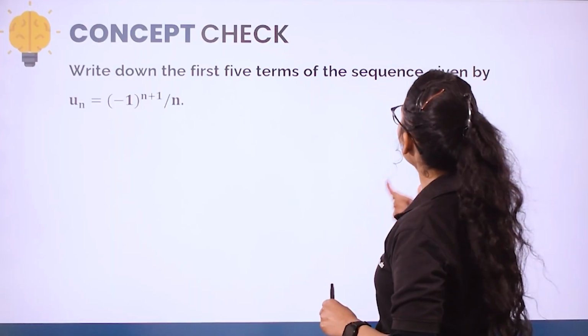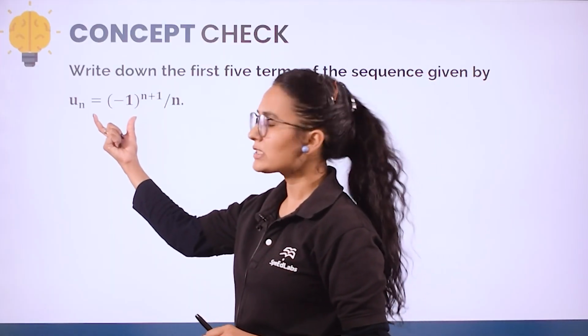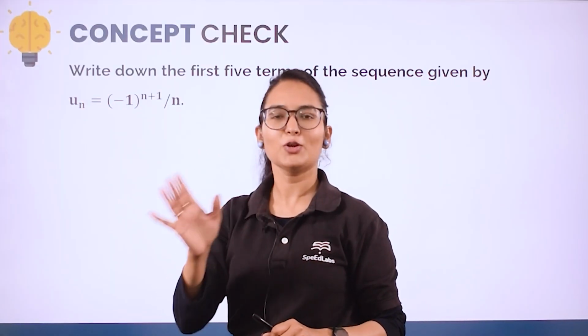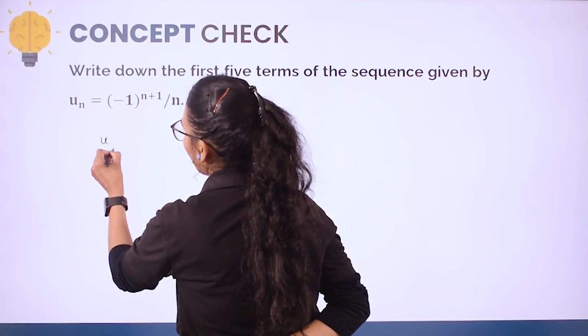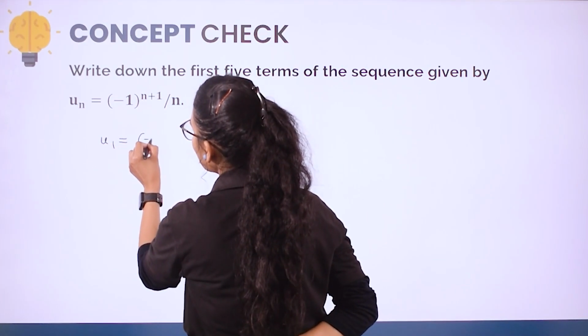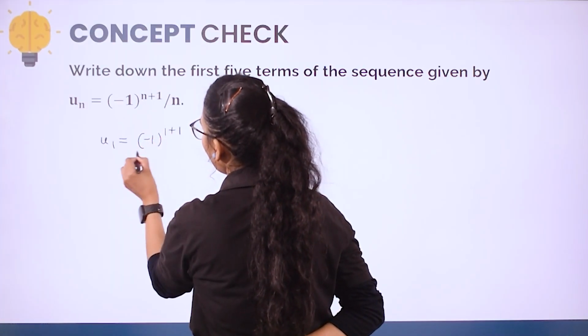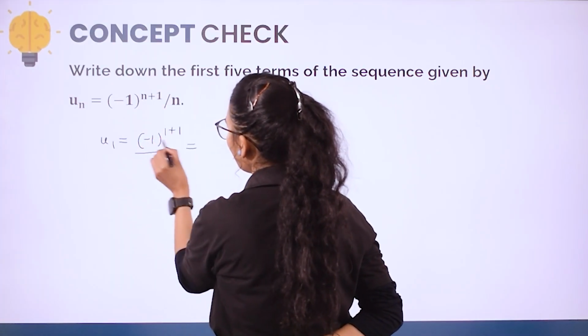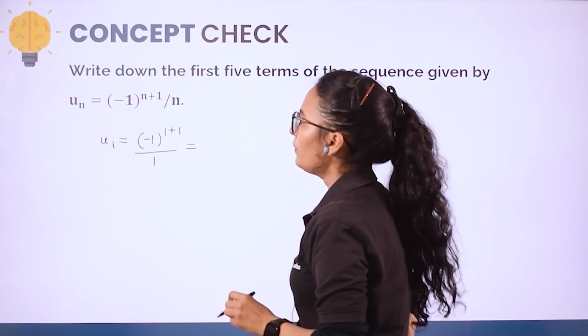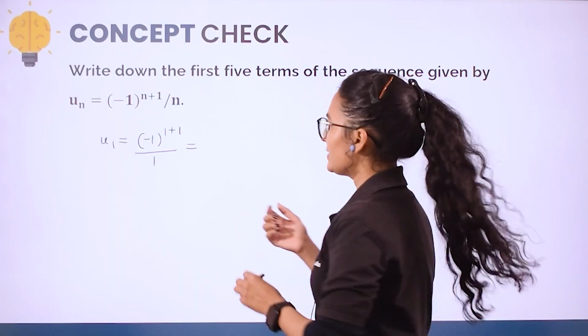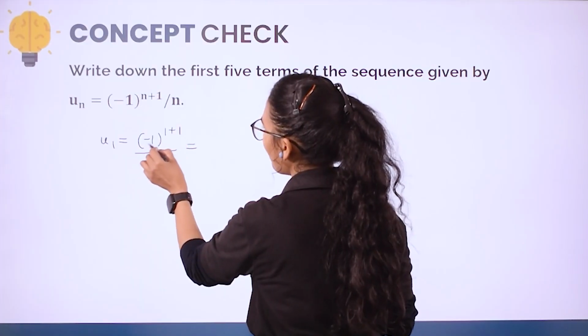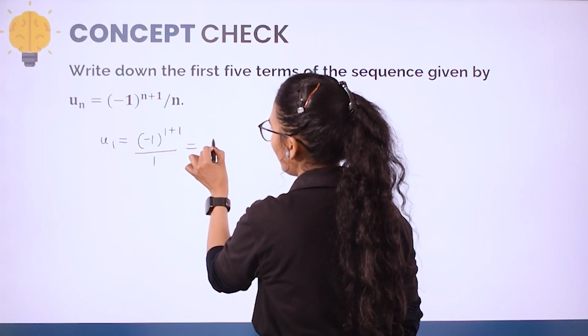Write down the first 5 terms of the sequence given by the next formula. Again, first 5 terms means n will vary from 1 to 5, so let's put the value one by one. U1 equals minus 1 raised to the power of 1 plus 1, divided by 1. That is minus 1 whole power 2, an even power, which means a positive answer, so U1 is plus 1.